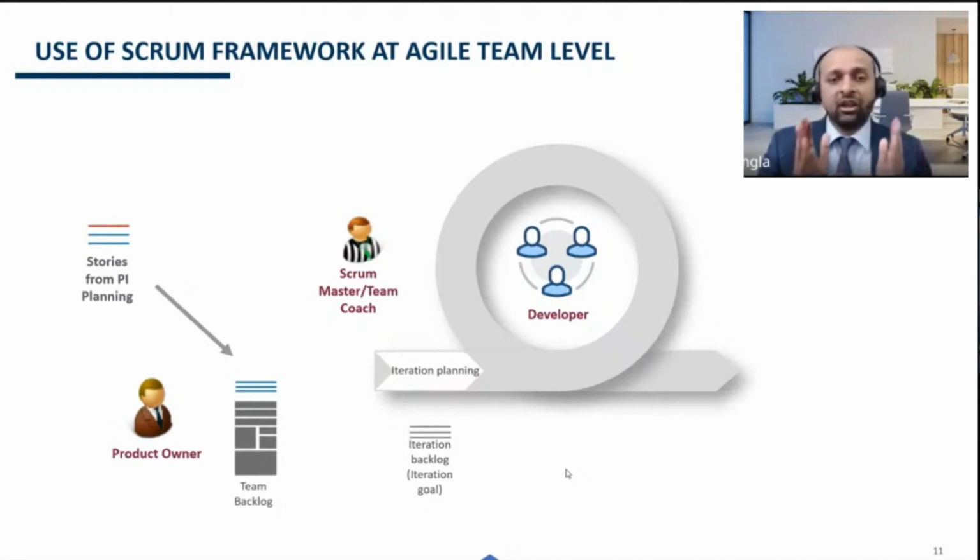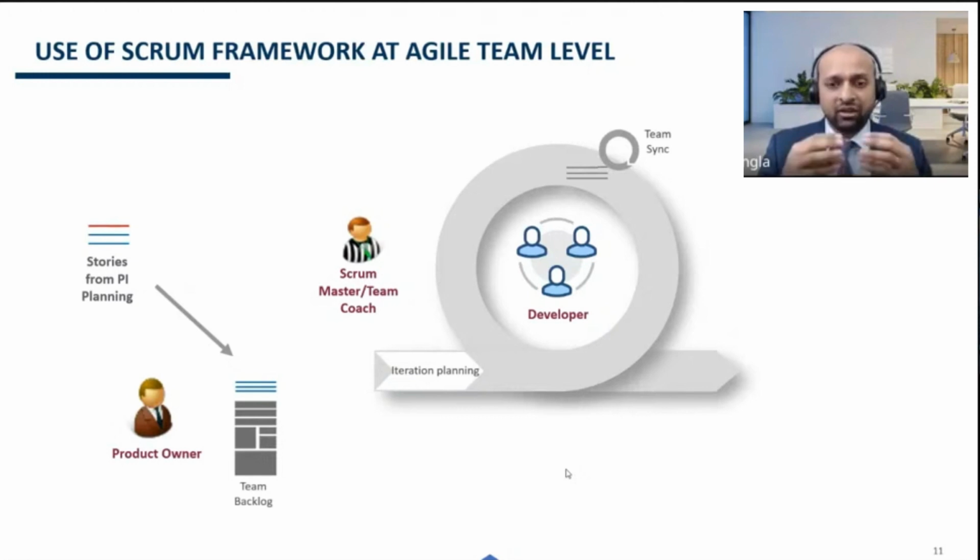And what is an iteration? An iteration is basically a 2 week time box in which the agile team will design, build, test, and deliver all the user stories which are allocated to them during the iteration planning. Then every day during the iteration, the team meets together at the same time for 15 minutes, and this event is called Team Sync.